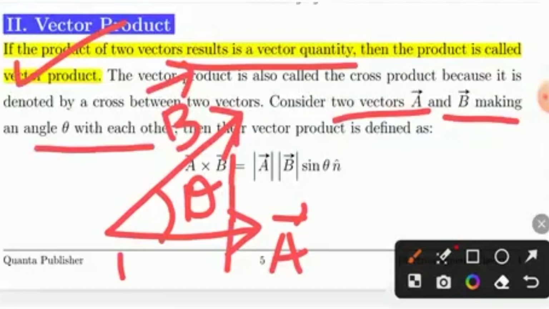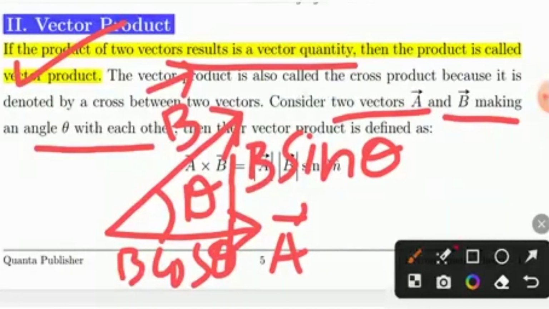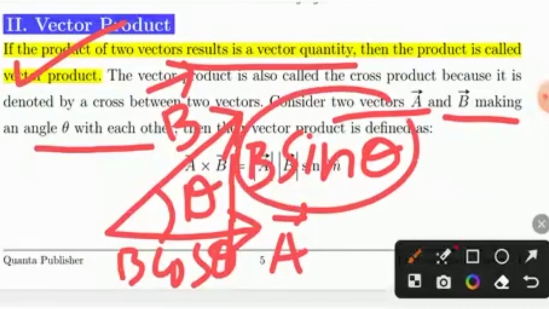One is B cos theta, and the second one is B sin theta. In scalar product, this B cos theta plays an important role, but in vector product the component B sin theta plays an important role.